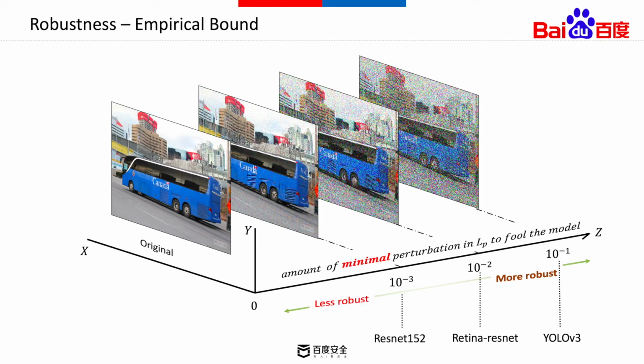In this example, ResNet 152 is the weakest one because a tiny change in the original image would be enough to fool the model. On the other hand, YOLO v3 is the strongest one because it would need extra effort to perturb the original image to deceive YOLO v3. We choose the robustness empirical bound rather than a theoretical bound obtained by formal verification methods, mainly because large-scale production-level models cannot be easily verified.